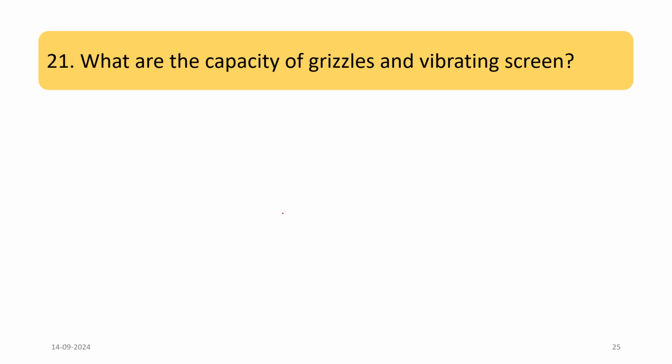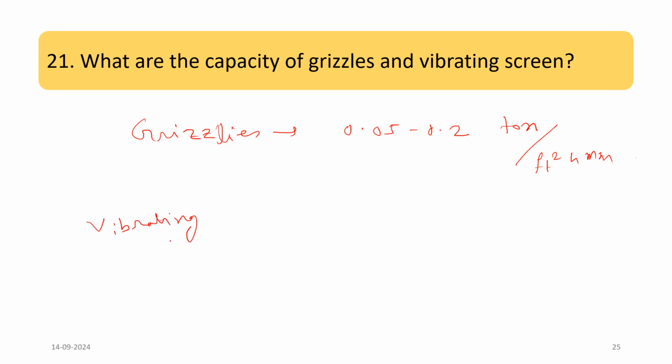For grizzlies, it is 0.05 to 0.2 ton per feet square hour millimeter, and for vibrating screen it is 0.2 to 0.8 ton per feet square hour millimeter. This is the capacity.